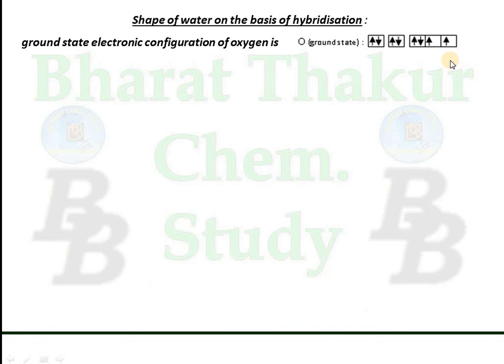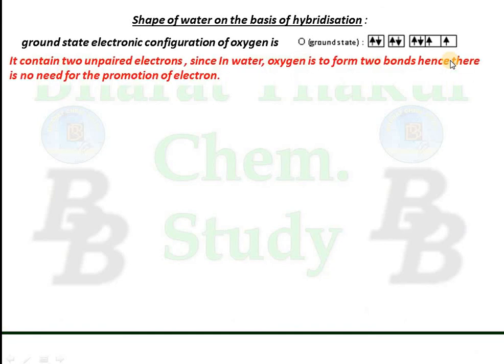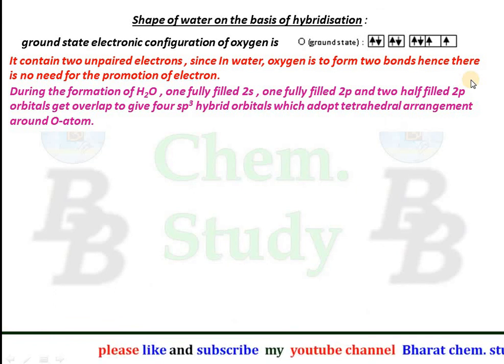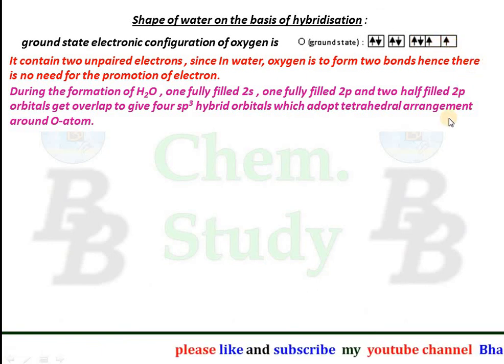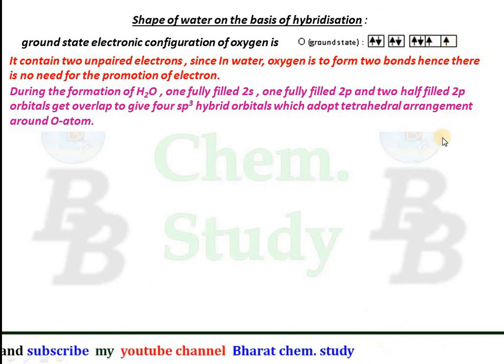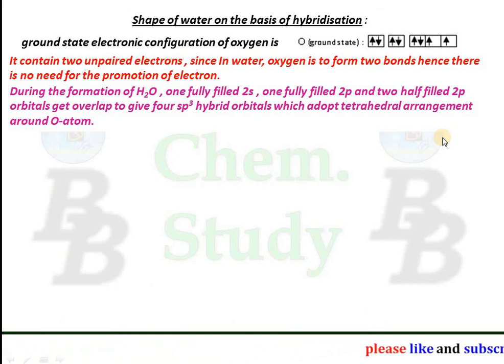So here again there is no need for the promotion of electron, and we roughly have calculated that in water the hybridization of oxygen is sp3. In the formation of water, one 2s which is fully filled, one 2p which is also fully filled and 2 half-filled 2p orbitals overlap to give 4 sp3 hybrid orbitals which adopt tetrahedral arrangement around the oxygen atom.